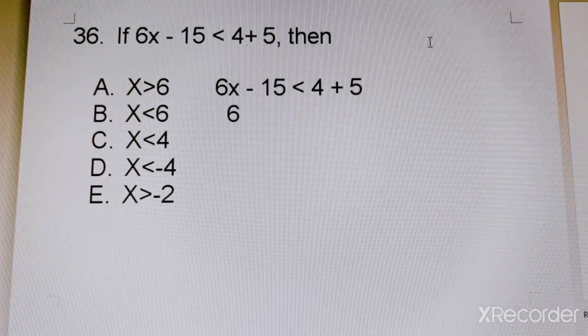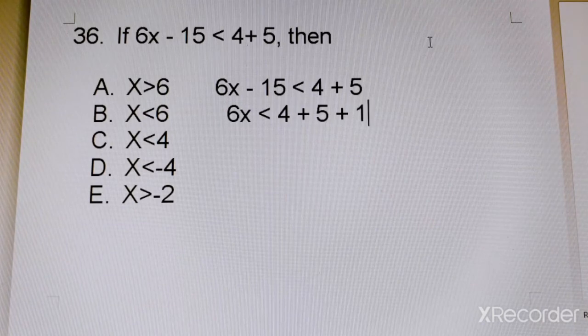So, 6x, transpose 15 to the opposite side. So, the negative sign of that will become positive. So, 6x is less than 4 plus 5 plus 15. 15 becomes positive.